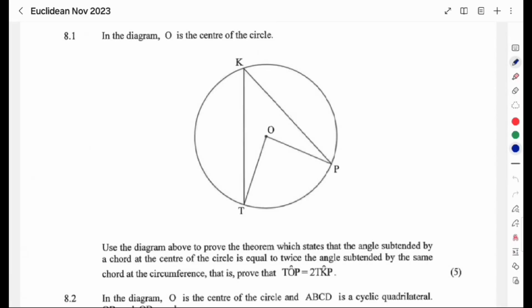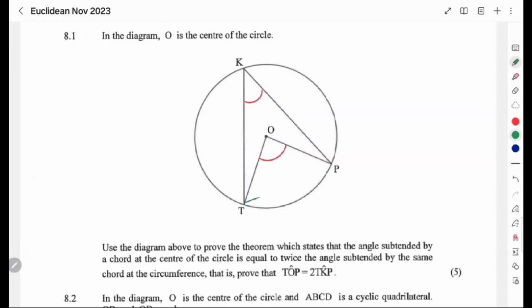That is, prove that TOP is equal to 2TKP. Now the angle at the center, TOP, is this one over here. The angle at the circumference, TKP, is this one over here. So we need to prove that the angle at the center is double the angle at the circumference.